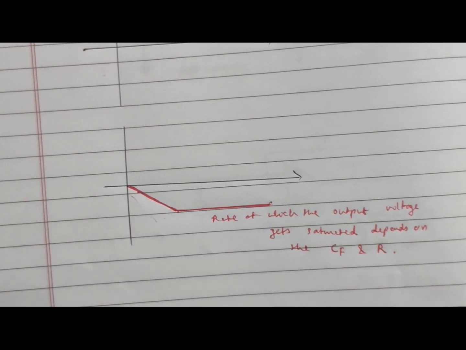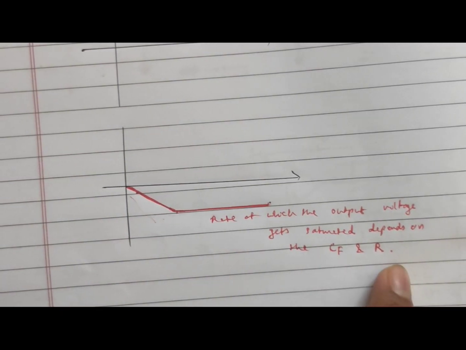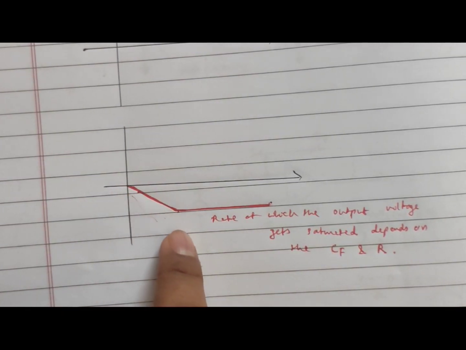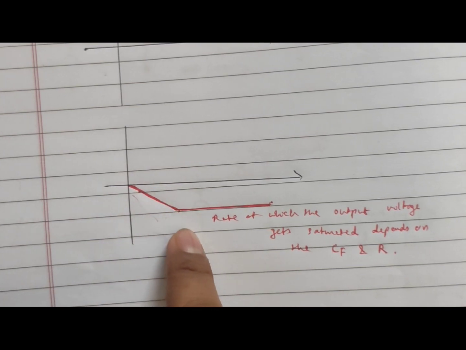So by changing the values of R and CF, we can change the slope of the output waveform.